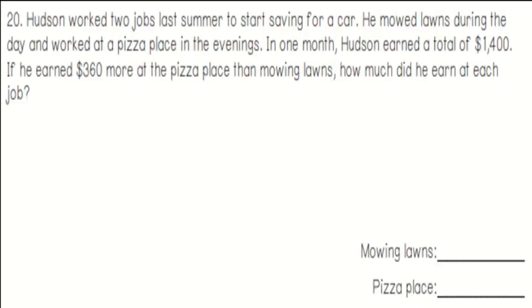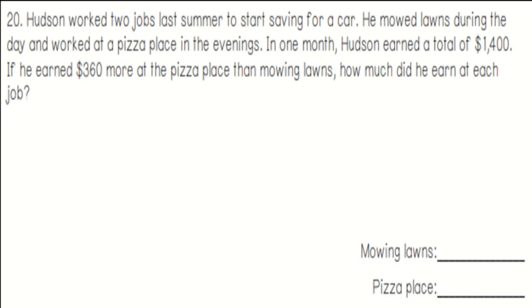All right, this one, the way it's stretched, maybe got a little blurry. We got Hudson worked 2 jobs last summer, started saving for a car. He worked lawns during the day and worked at a pizza place. In 1 month, Hudson earned a total of $1,400. All right, so 2 jobs, $1,400.